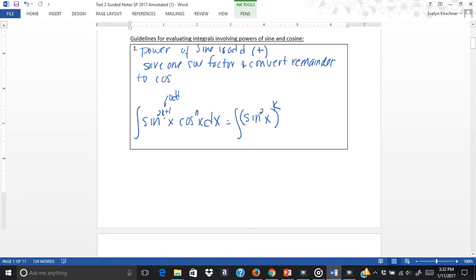So I took care of the 2k, and now I'm going to have times sine x and then cosine to the nth power x dx. I'm going to rewrite this as 1 minus cosine squared x. So now I have the integral of 1 minus cosine squared x times cosine to the nth power of x times sine x dx. And we can integrate that.